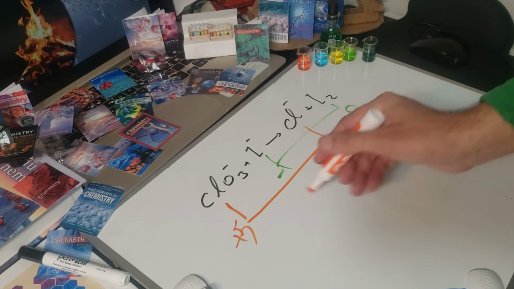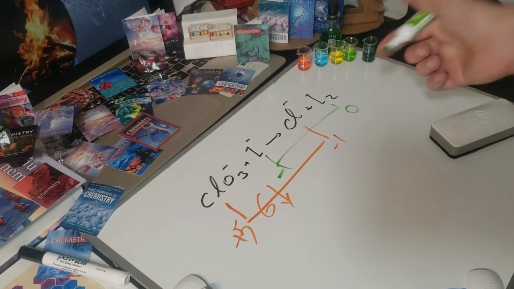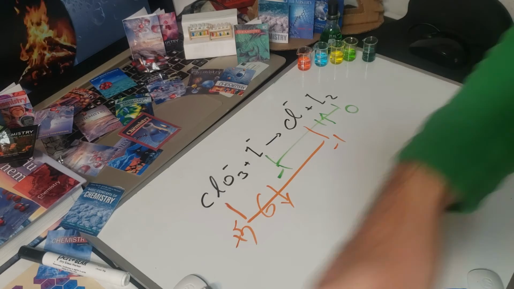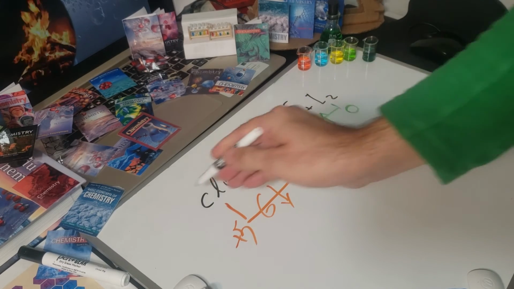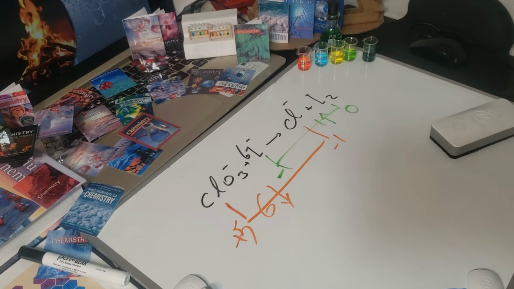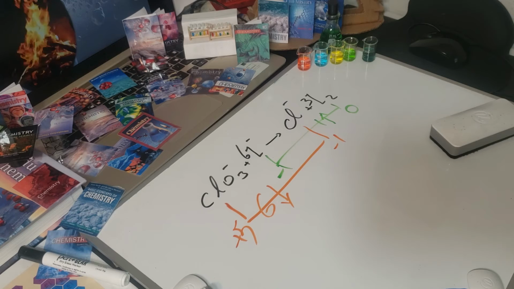From +5 to -1 is 6 of a drop, and from -1 to 0 it's 1 of a rise. So I put 1 for this chlorine here, and I put 6 for this iodine here. 6 iodine means 3 I2, and chlorine is just the same amount that I just have.